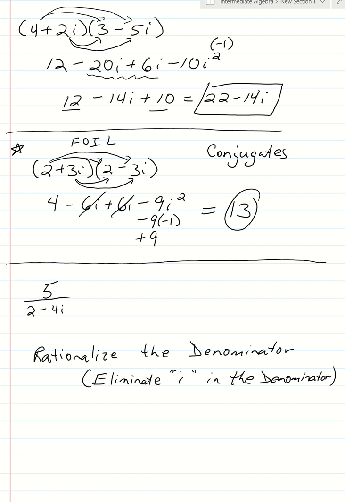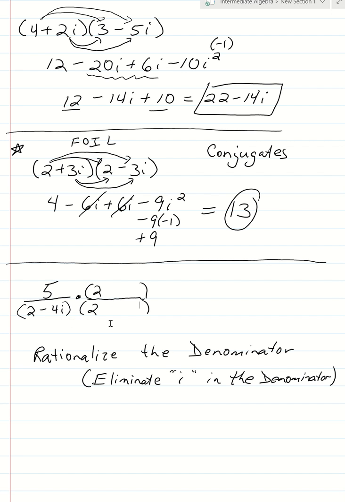So, once again, what we're going to have to do is multiply by a very special form of the number 1. And the form of 1 that we will have to use will have to be in the form of the conjugate of this denominator. And recall, the conjugate looks very similar in that the first term has to be the same.